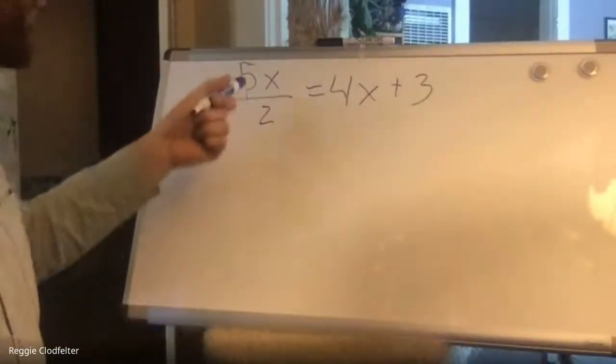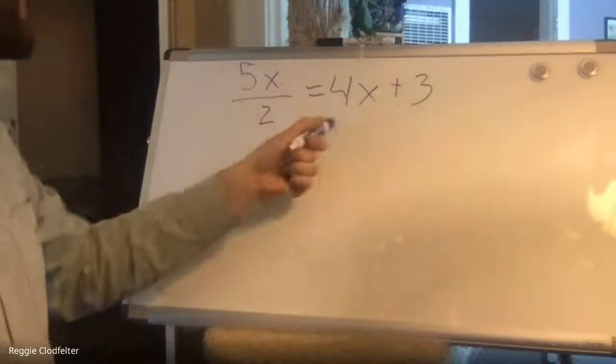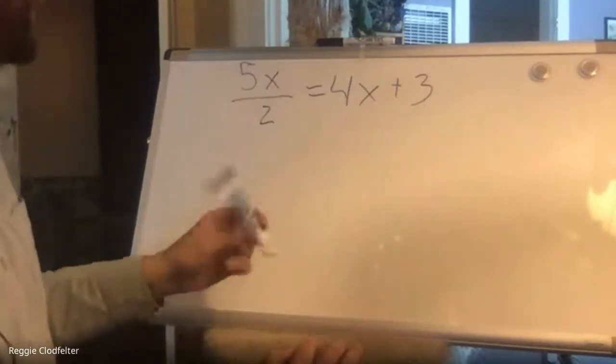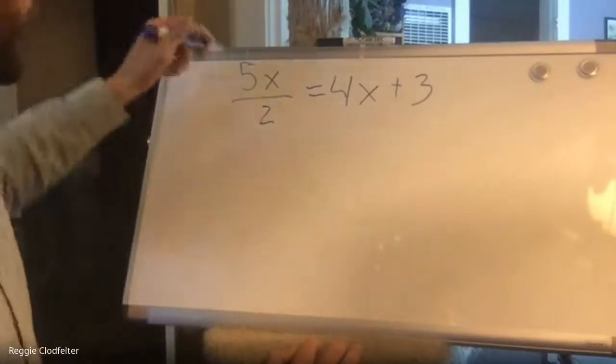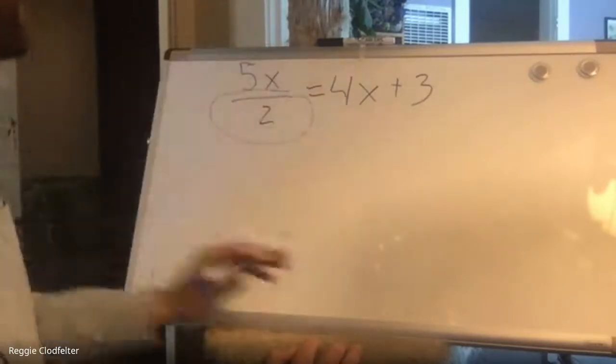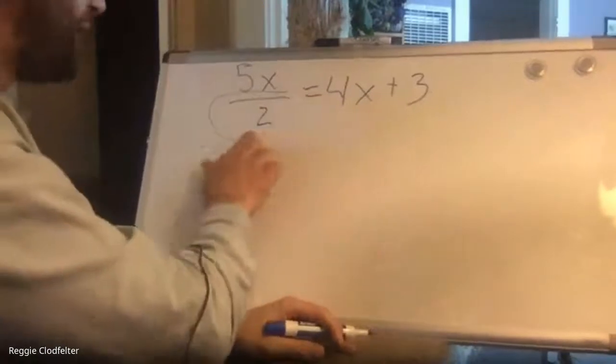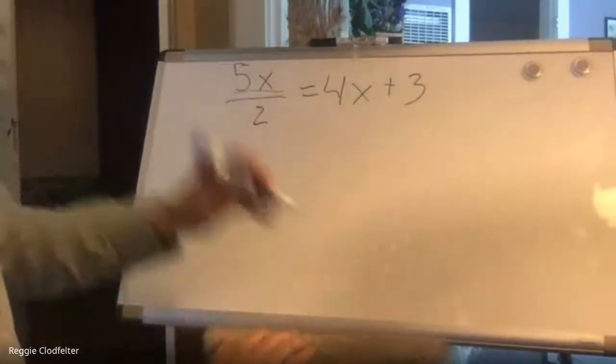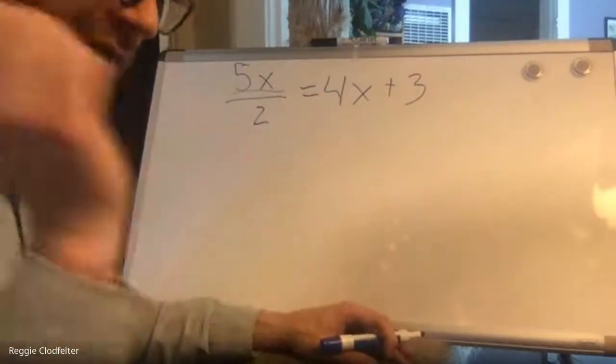So I'm trying to get an x alone on one side and a number alone on the other. The first thing I'm going to do is, I find this 5x over 2 to be tough to deal with, so I want to eliminate it. The way I can do that is I do the opposite of divided by 2, which is times 2.